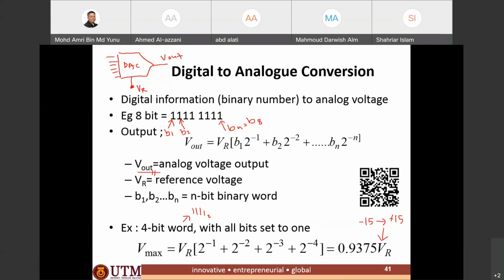VR will be multiplied with the sum of the products: for every bit place, the bit value multiplied with its factor. We sum it, and then we get 0.9375 VR. So the output will depend on the reference, and here we can see that the maximum output will never be more than the reference value.